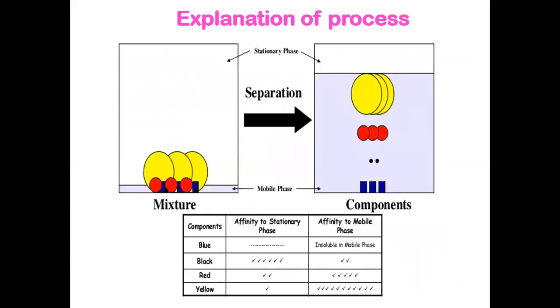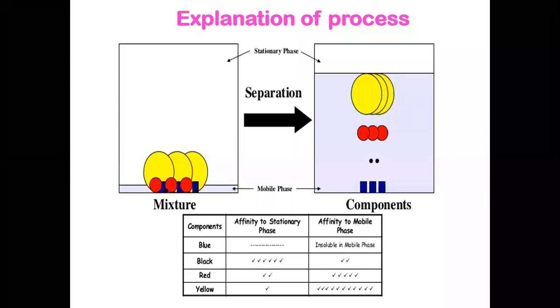This slide shows the retention mechanism of the compounds in chromatography. Particularly here, we are taking the example of thin layer chromatography. On the left side, you can see the sample mixture is spotted.